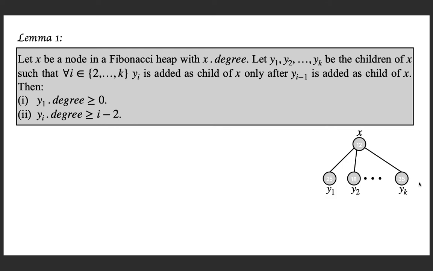But a node becomes a child of another only in the consolidate procedure that we do as a part of the delete minimum key node procedure, or extract min, and I hope you remember those. And it is very easy to see the first result, because for any node the degree must be greater than or equal to 0, which is the number of children. So that is a trivial result, nothing to prove.